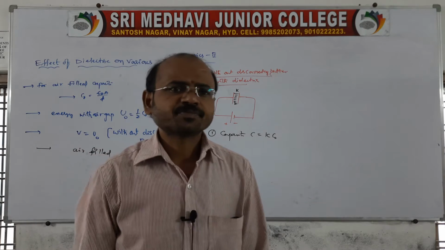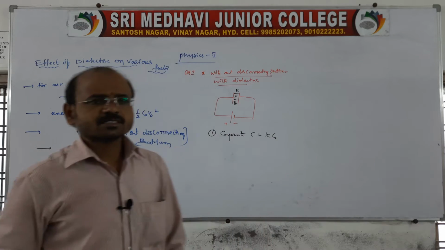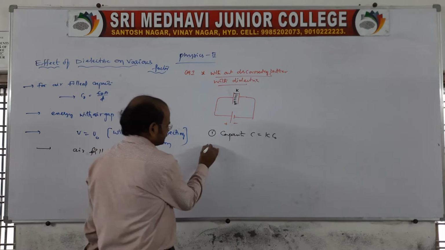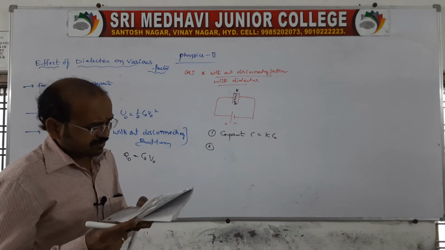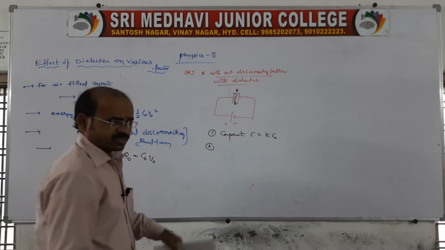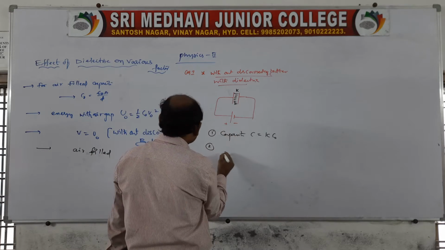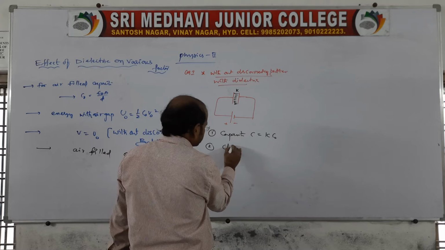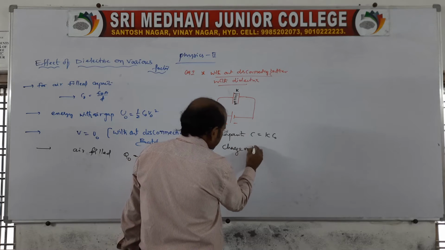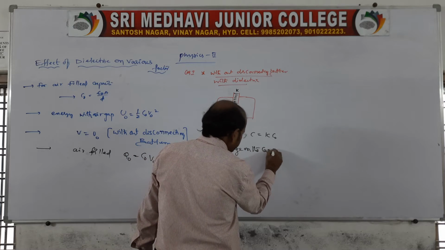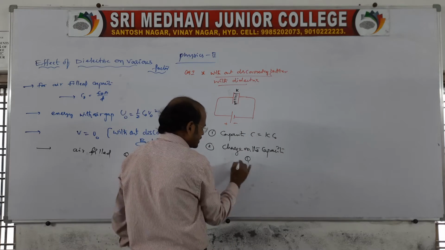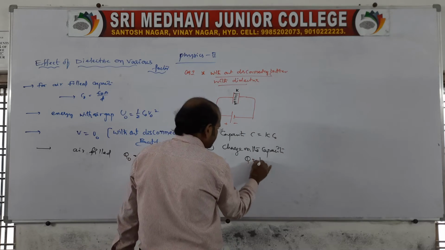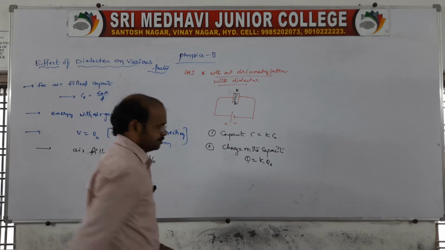Already we know this; you can check it in the previous classes or in your notes. Now coming to the next one. There will be a charge on the capacitor: with the dielectric and without disconnecting the battery, Q is equal to K Q naught.